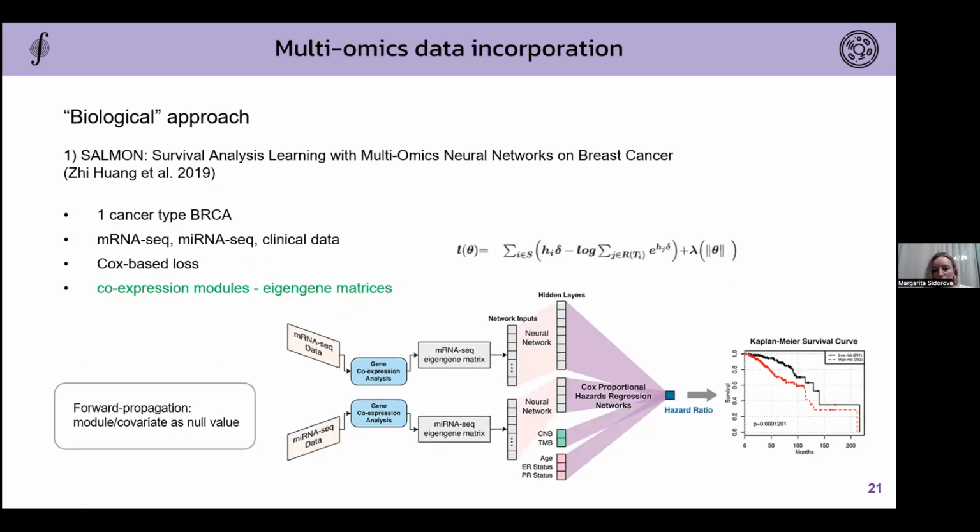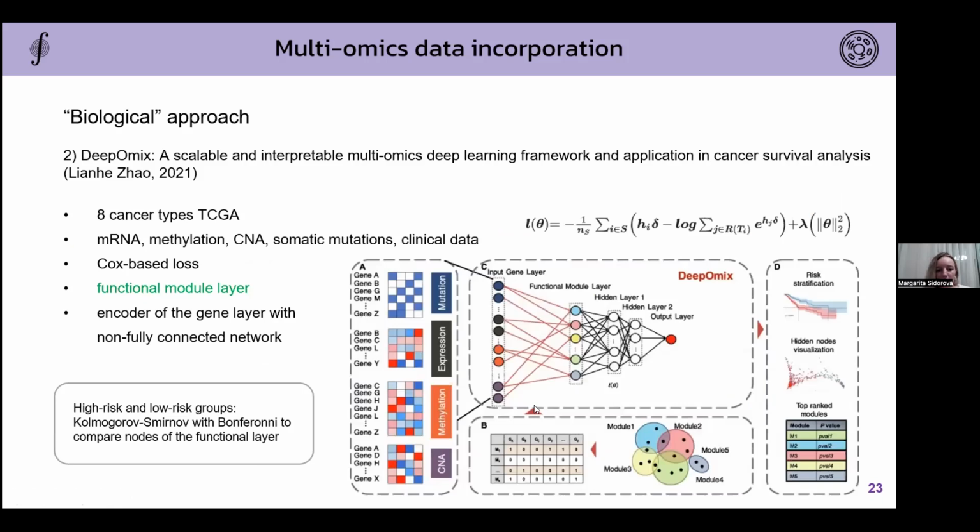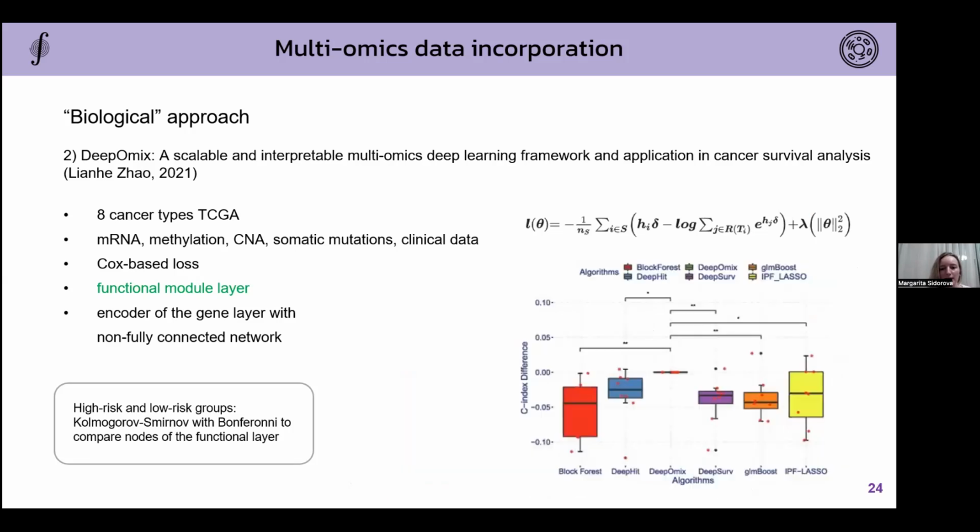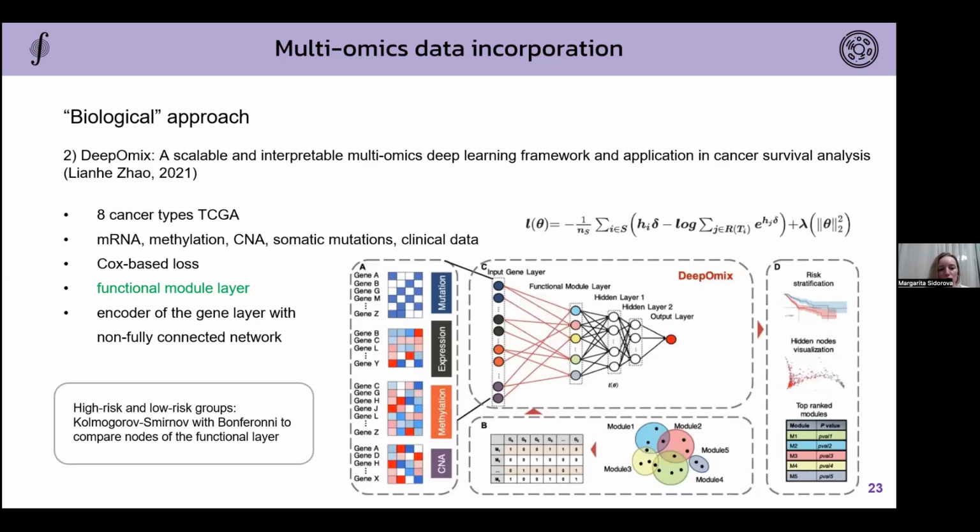But here they used, for this high risk and low risk group, the Kolmogorov-Smirnov test with Bonferroni correction to compare these functional module nodes. So they compared each functional module node for these two groups, low risk and high risk, and identified which functional modules had a great difference.